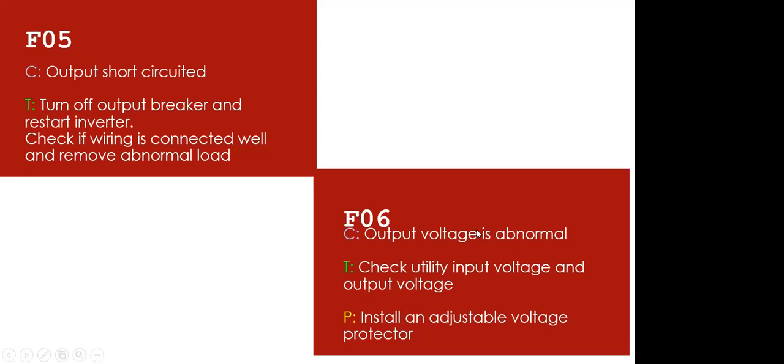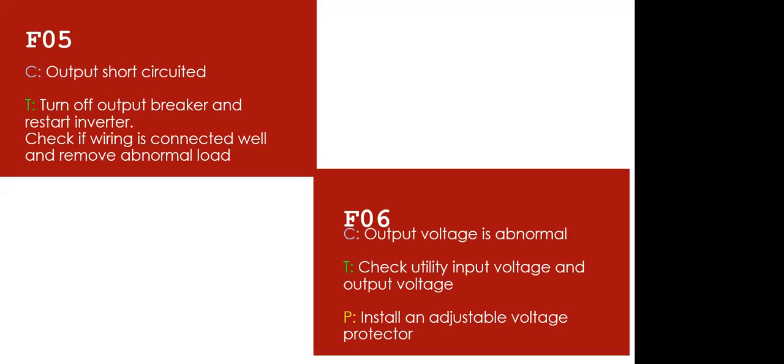Then another fault that we have here is F06, which is output voltage abnormal. The output voltage might be abnormal if the input going into the inverter is too high.